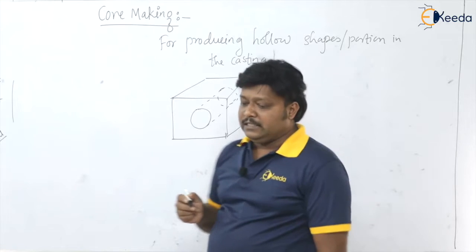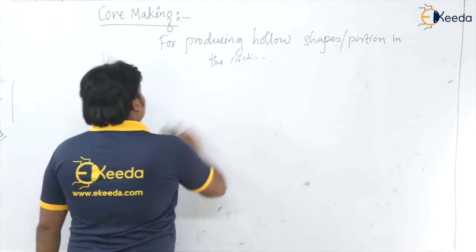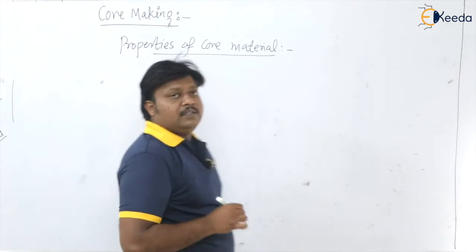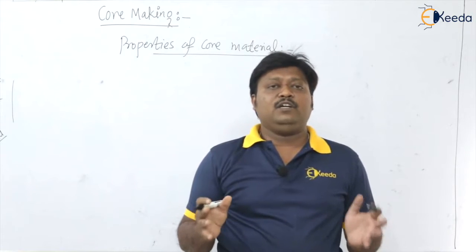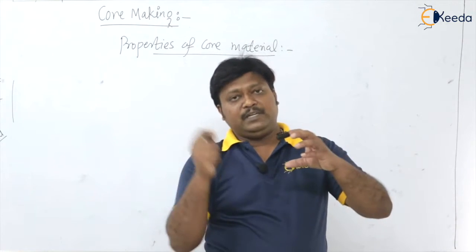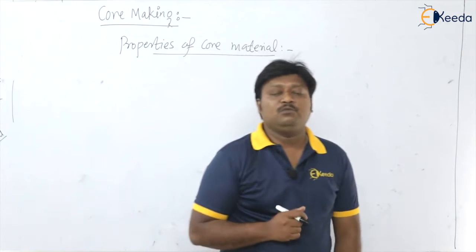So let us see some properties of the core first. Once the hollow portion is made, we are going to break the core and take it out, so you will get the hollow portion in the casting.